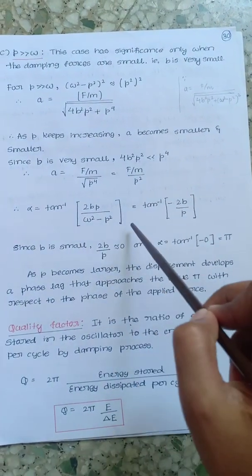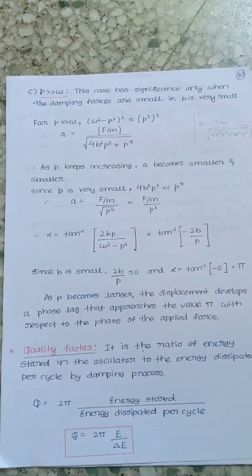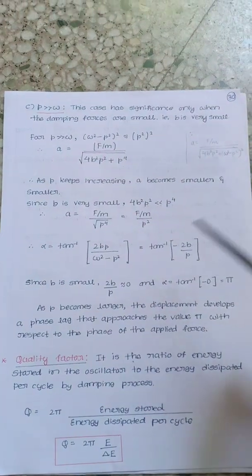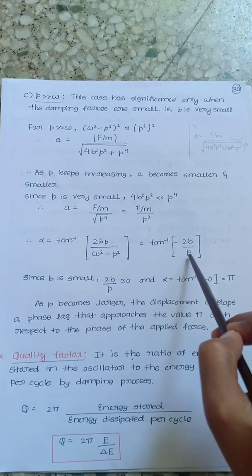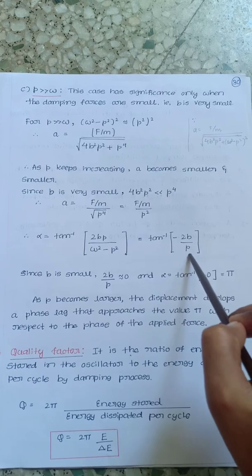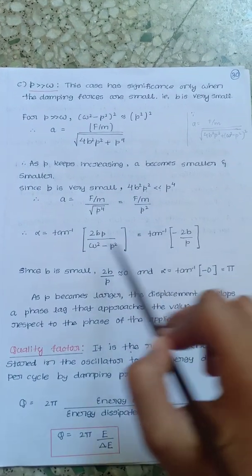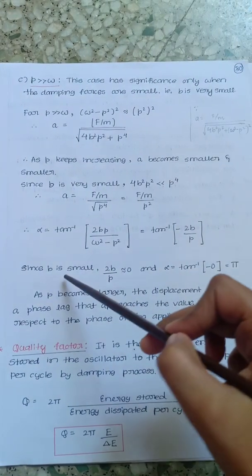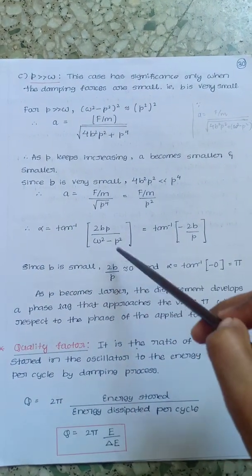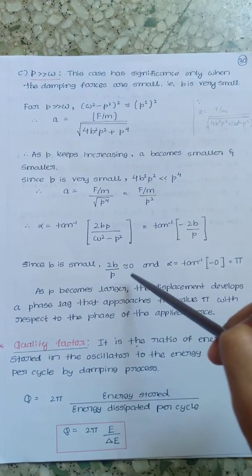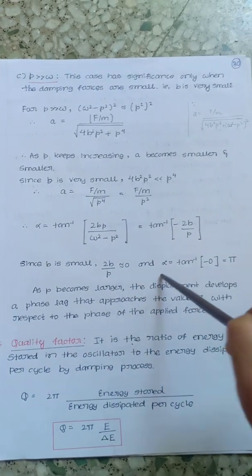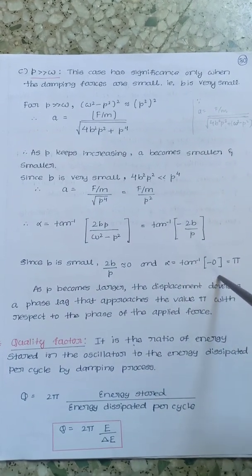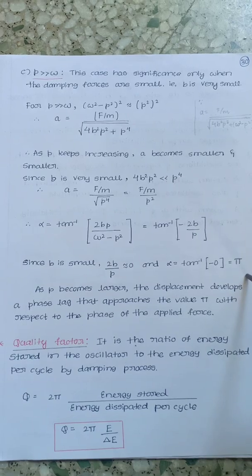Here omega square minus P square is nothing but your negative P square. P and P got cancelled, remaining is P. Since b is small, 2b by P is approximately equal to 0, and alpha is tan inverse of this thing, which is equal to pi.